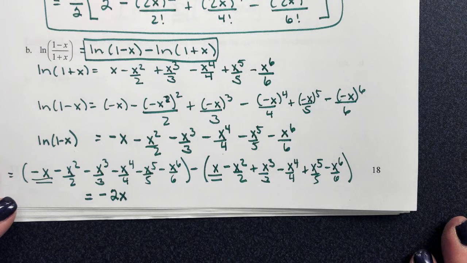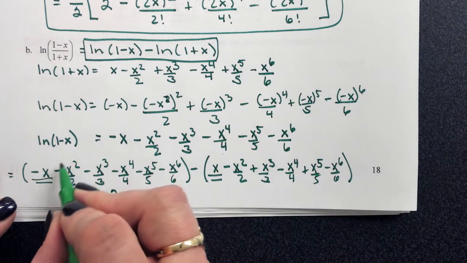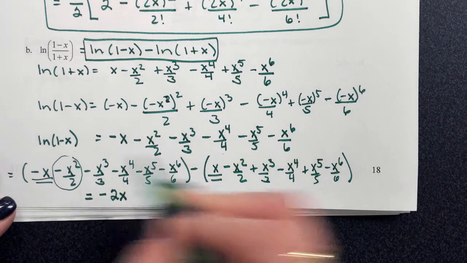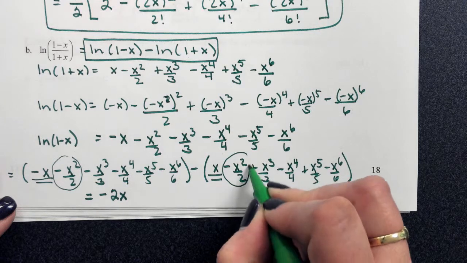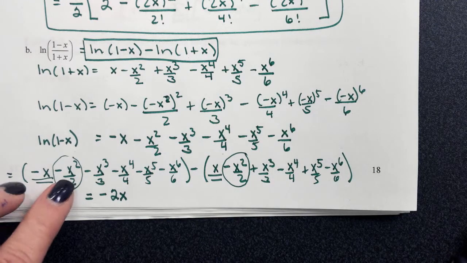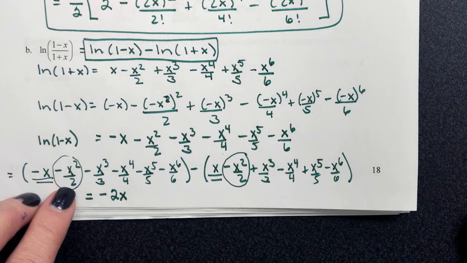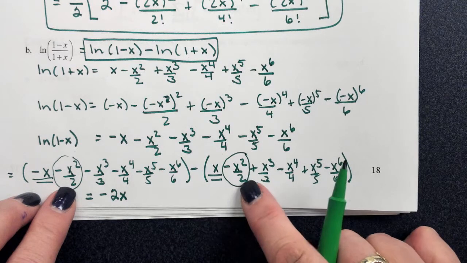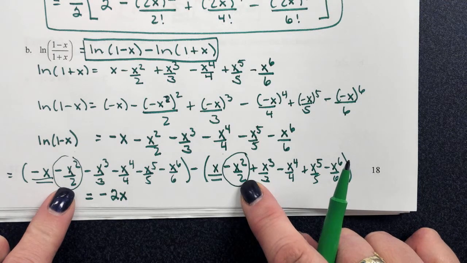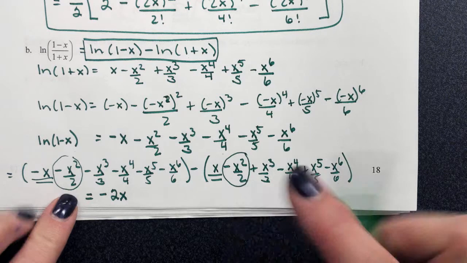Next, I've got an x squared. I've got a negative x squared here, as well as a negative x squared here. So when I subtract negative x squared over 2 minus negative x squared over 2, what's going to happen with those terms? They cancel out.